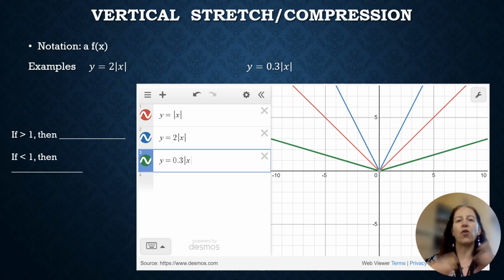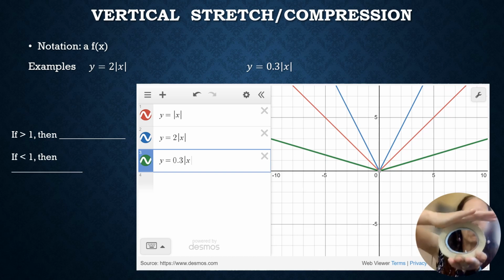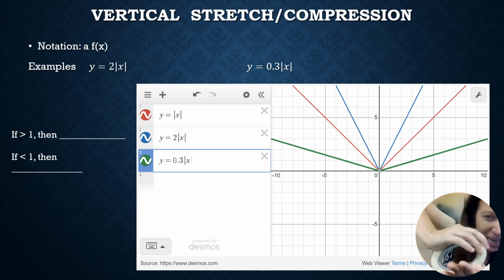That's your vertical stretch. Now, if I try the 0.3, what you can see here, a lot of students would say, oh, it got wide, or it got flatter, or it got fat. And that's a vertical compression. So you want to think, again, vertically, like we're doing this up and down, and it's like somebody took the graph and just pushed it down.